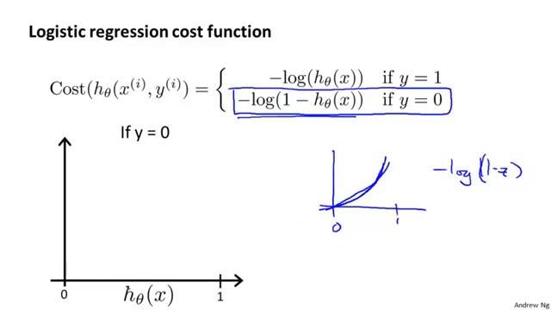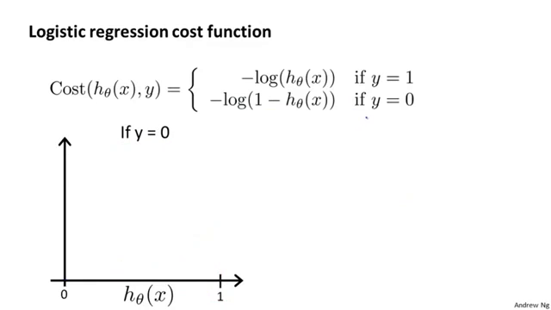And so if you plot the cost function for the case of y equals 0, you find that it looks like this. And what this curve does is it now blows up and goes to plus infinity as h of x goes to 1, because it's saying that if y turns out to be equal to 0, but we predicted that y is equal to 1 with almost certainty, with probability 1, then we end up paying a very large cost.